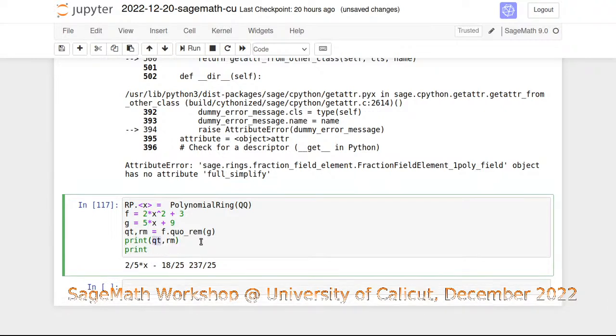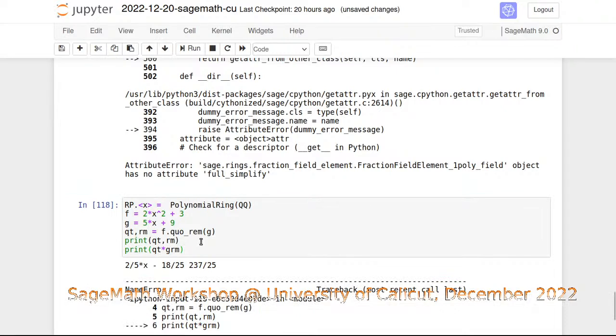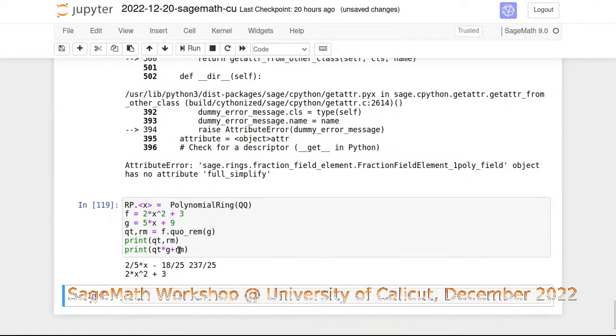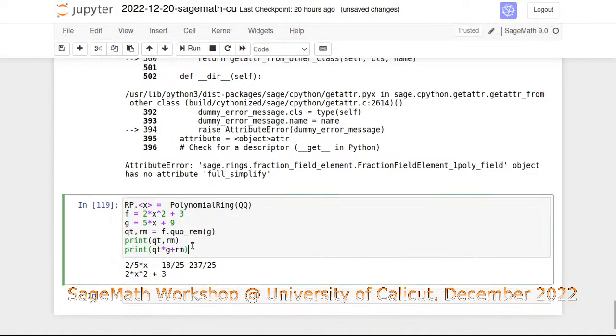So q times g plus remainder must be equal to f, which is 2x square plus 3. That's correct. So we can find the quotient and remainder like this.